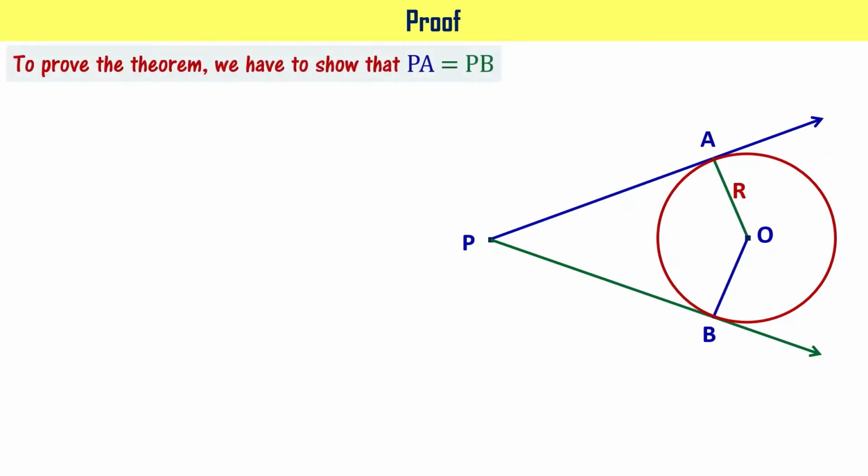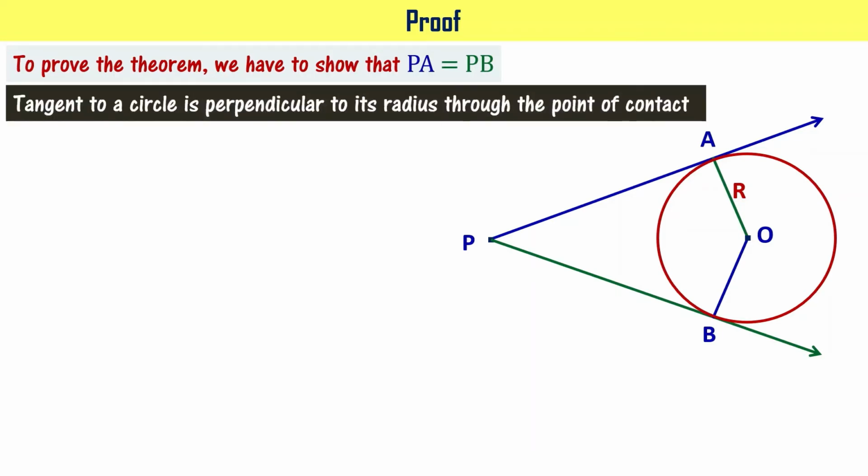To prove the theorem, we have to show that PA equal to PB, right? We know that tangent to a circle is perpendicular to its radius through the point of contact, right? As you see in the figure, A is one of the points of contact and B is another point of contact, right? So A is the point of contact for tangent PA and radius OA, and B is the point of contact for tangent PB and radius OB, right?